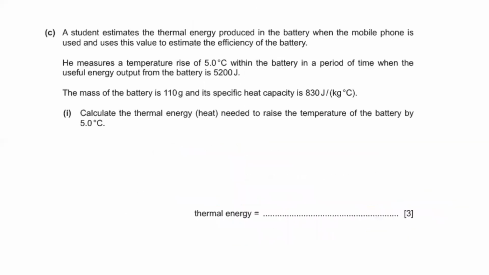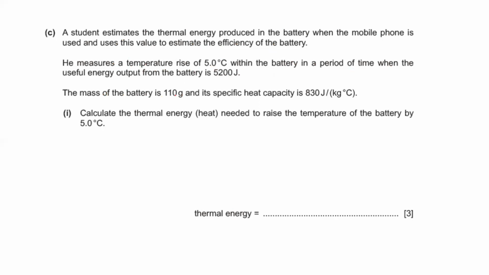Moving ahead, part C says that a student estimates the thermal energy produced by the battery when the mobile phone is used, and uses this value to estimate the efficiency of the battery. He measures a temperature rise of 5 degrees centigrade when the useful energy is 50 to 100 joules.